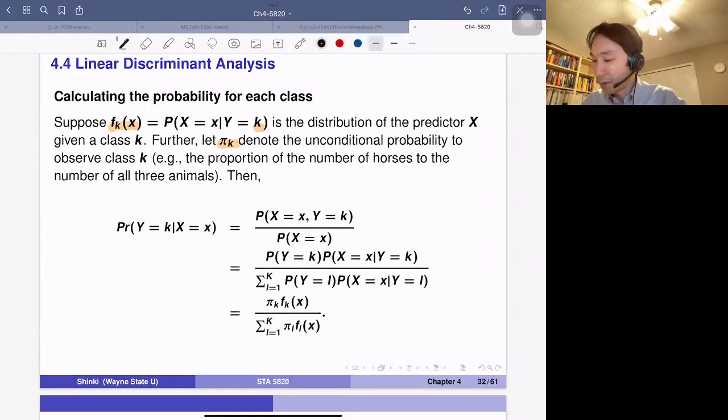Maybe for horses in Michigan we have only 10% probability, for a giraffe maybe only 1% probability, and for a deer maybe 89% probability or something like that. So we have these probabilities, and these affect our judgment, right?